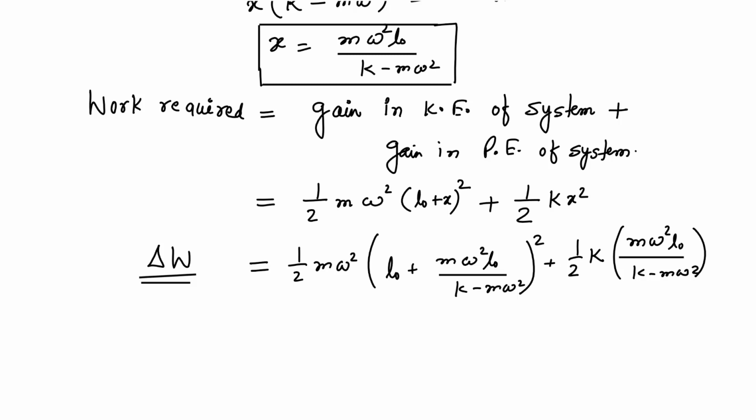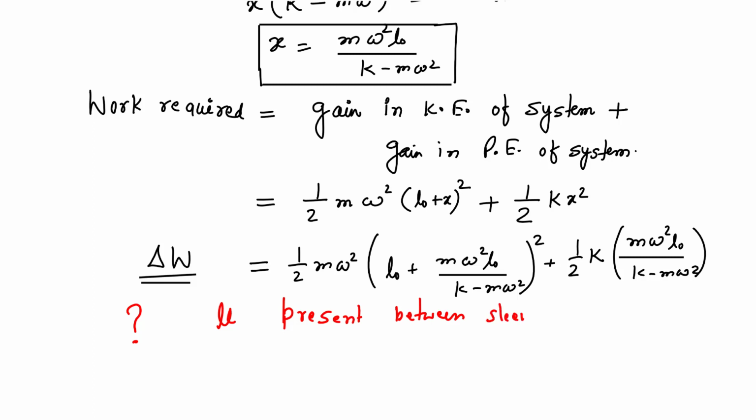Now a question for you. What will happen if there is friction between the sleeve and rod? Say there is a friction coefficient mu present between the sleeve and rod.